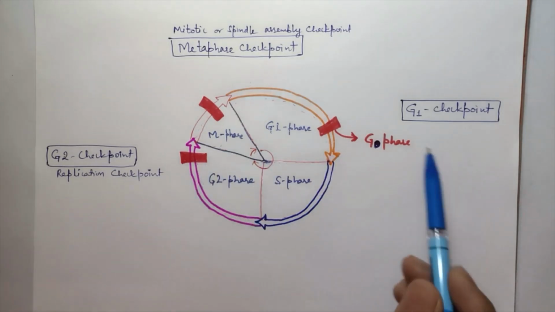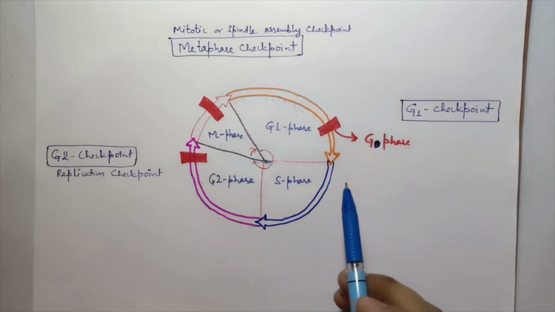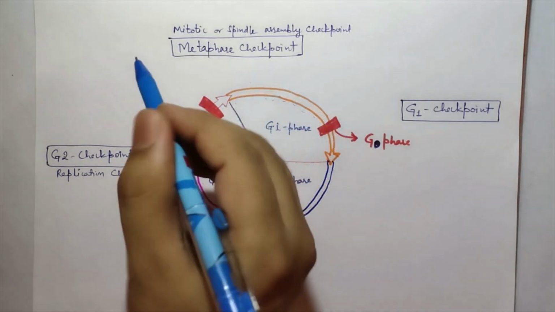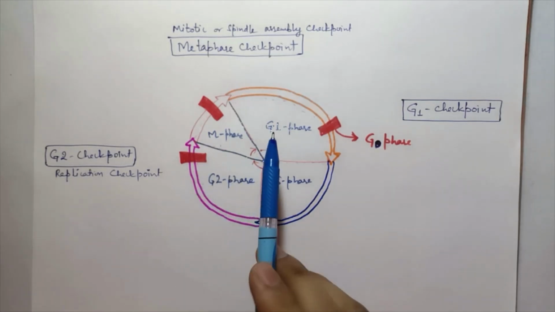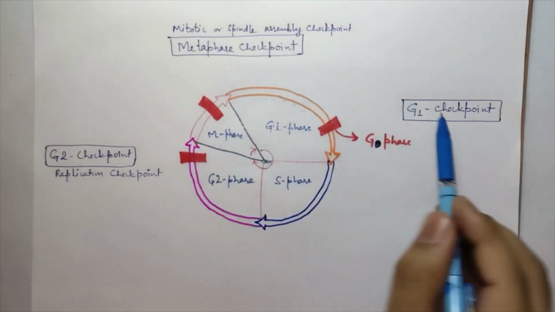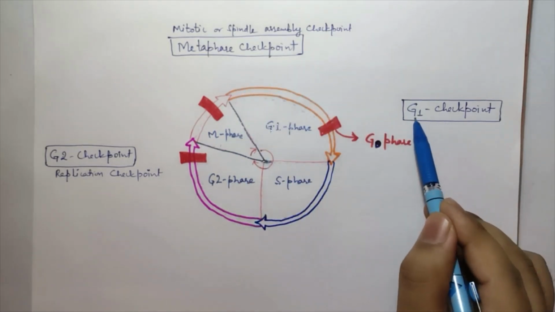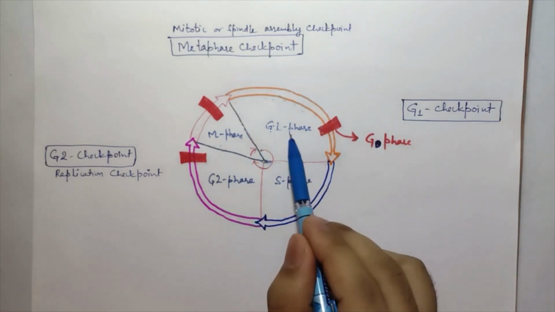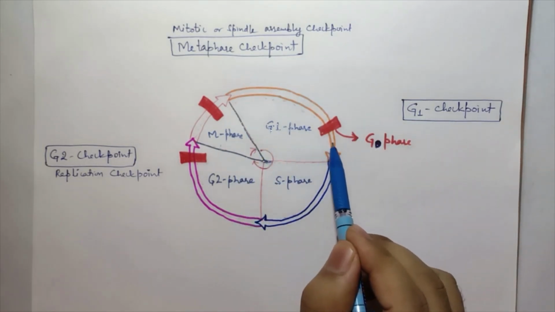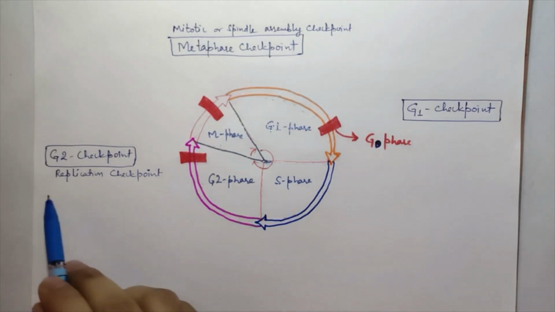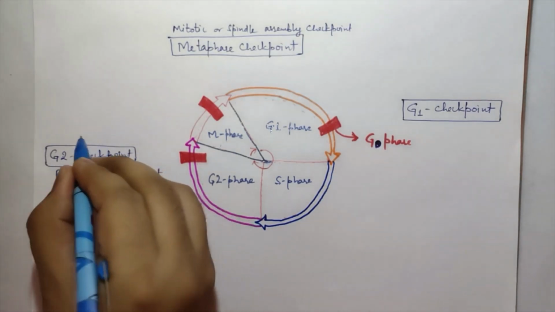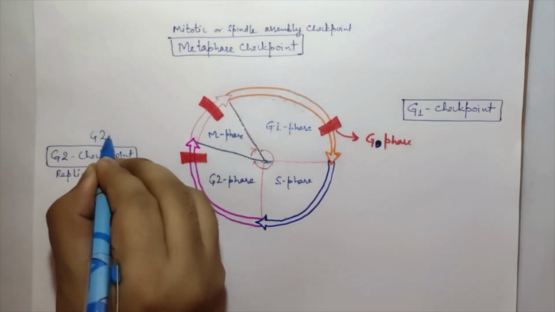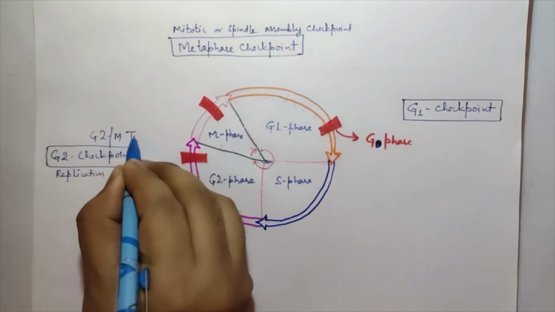In the cell there are two different types of checkpoints, called fundamental checkpoints and additional checkpoints. We have three fundamental checkpoints. The first one is the G1 checkpoint that occurs at the G1 phase of interphase, and the second one is the replication checkpoint, also called the G2M transition checkpoint.